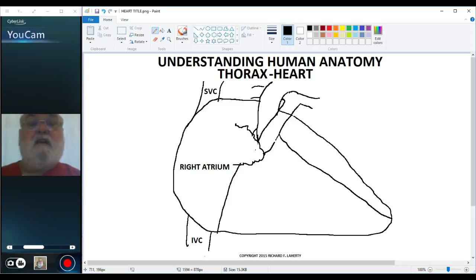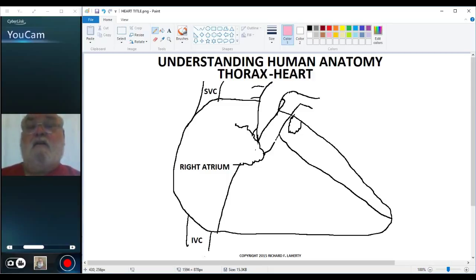So if we look in this area, we'll see a little tiny bit of the left auricle, or the auricle of the left atrium. Let me do some coloring in here.